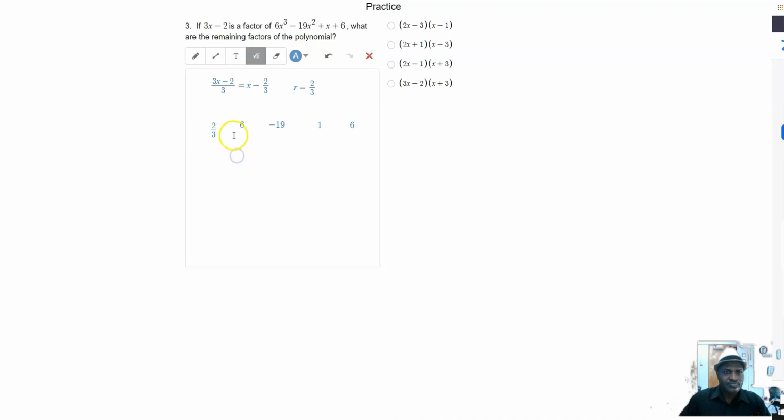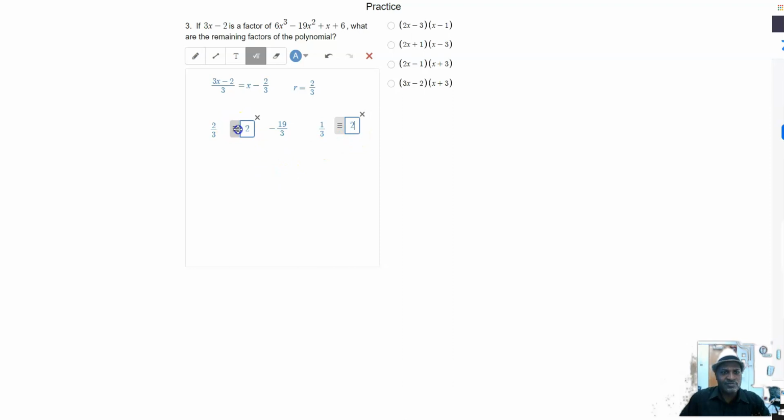So I get 6 divided by 3, -19 divided by 3, 1 divided by 3, and 6 divided by 3. The great thing is that 6 over 3 is just 2, so I'm just going to make the first one 2, and the last one 2.